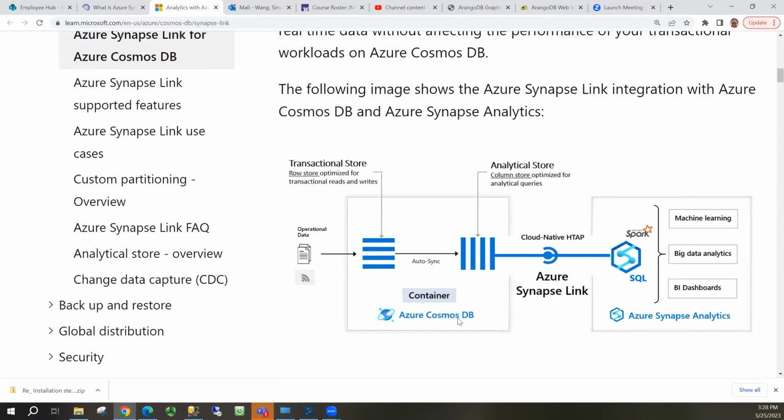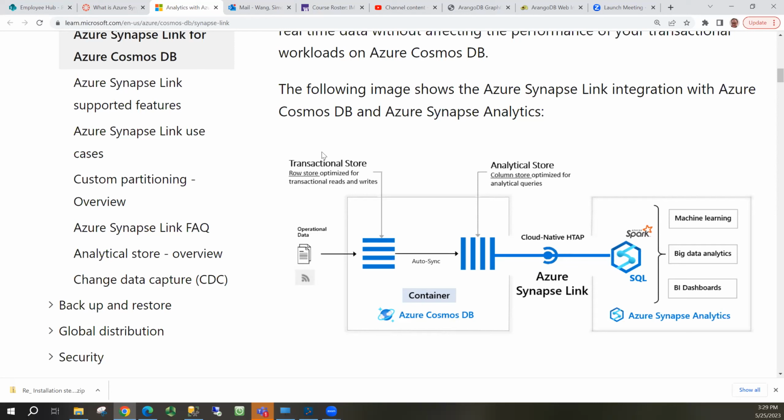Okay, so you can see this architectural diagram. We have two types of operations when we work with data. We do transactions, where we make changes to our data.